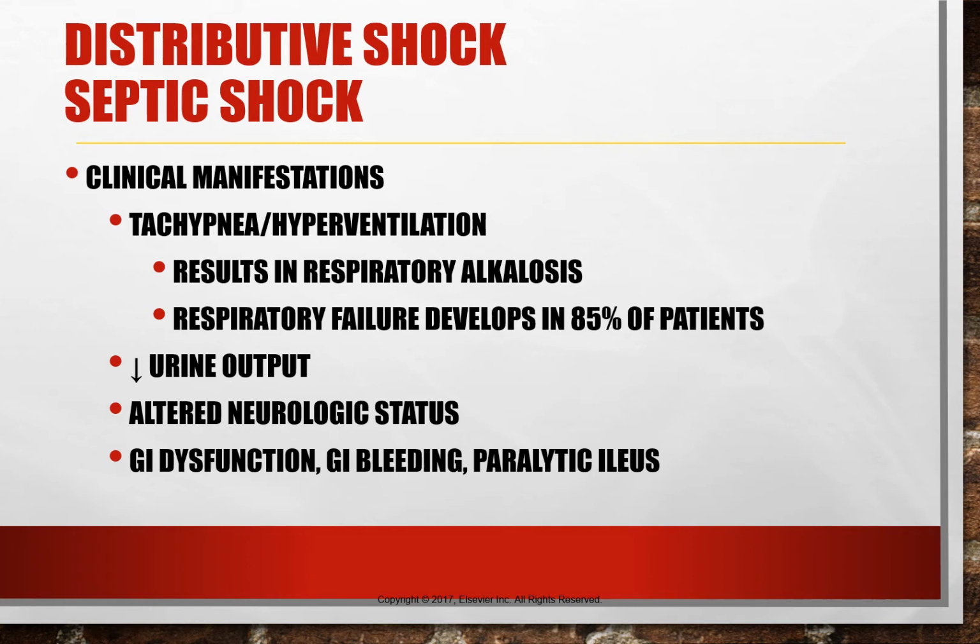Respiratory-wise, we have tachypnea, respiratory alkalosis, potential to go into respiratory failure and require mechanical ventilation from that increased capillary permeability. We also might have patients where the end result is ARDS from that fluid shift. Decreased urinary output, agitation, confusion, anxiety, and GI dysfunction, GI bleeding, and paralytic ileus, everything that's associated with decreased blood flow to the GI system.